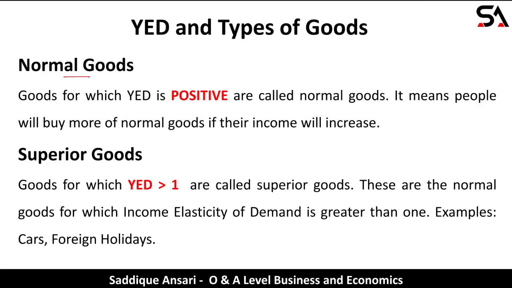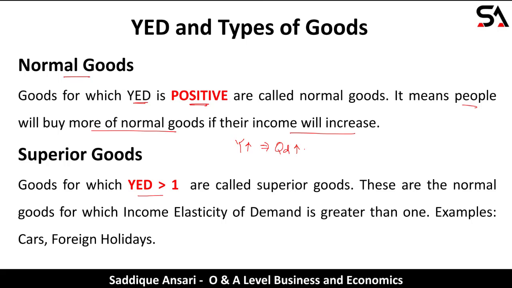Now, how do we define normal good? Normal goods are the goods for which YED is positive. It means people will buy more of normal goods if their income will increase. Shortly, we'll be discussing examples of normal goods as well. So, if income will increase, quantity demanded of normal goods will also increase.